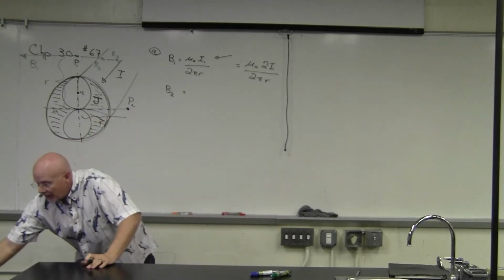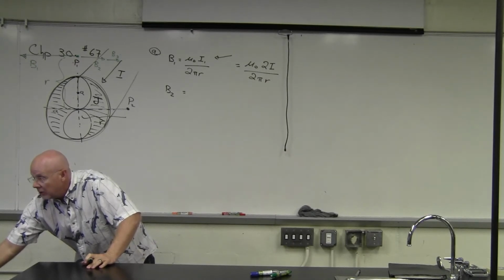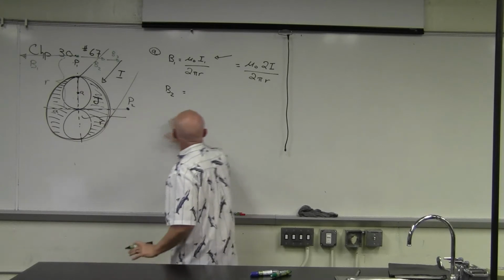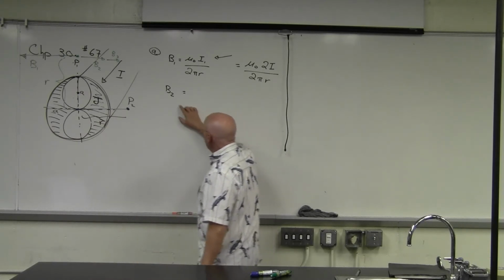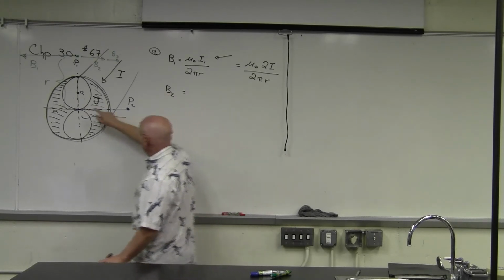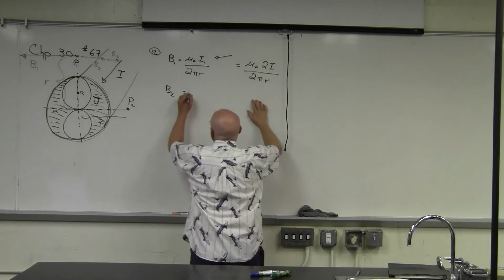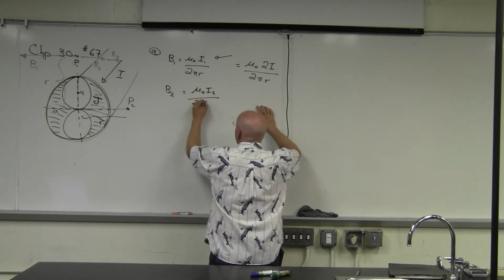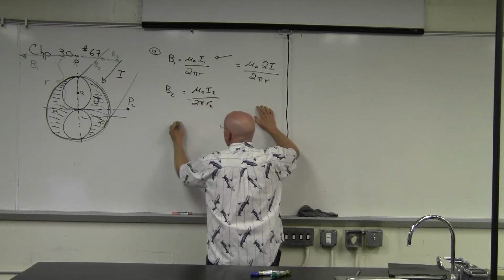Maybe I better go back to the picture here, make sure I'm looking at it correctly. Yeah, so this is the r. Now, the magnetic field for number 2, remember, was mu naught times current number 2 over 2 pi, and I'll call it r number 2.